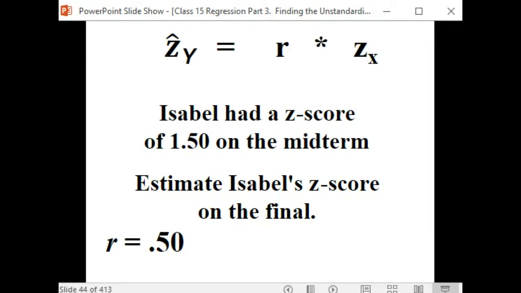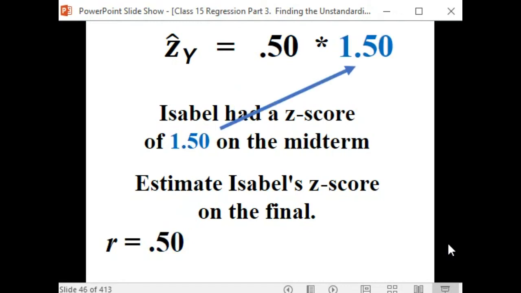Now, we use the magic formula to solve this problem. We're given the information that r equals 0.50, so we'll substitute 0.50 into the equation. We're given the information that Isabel's score on the midterm is 1.50. So that means that Zx is equal to 1.50.